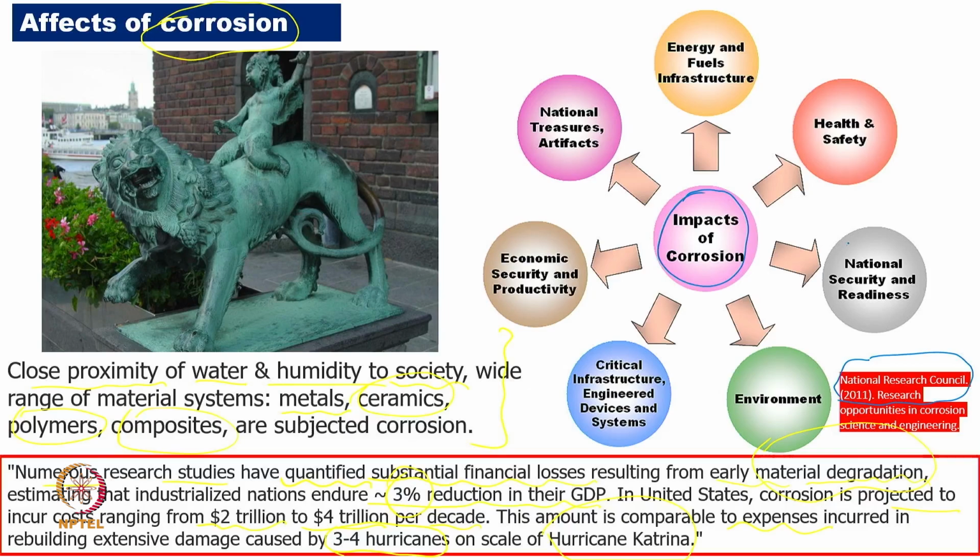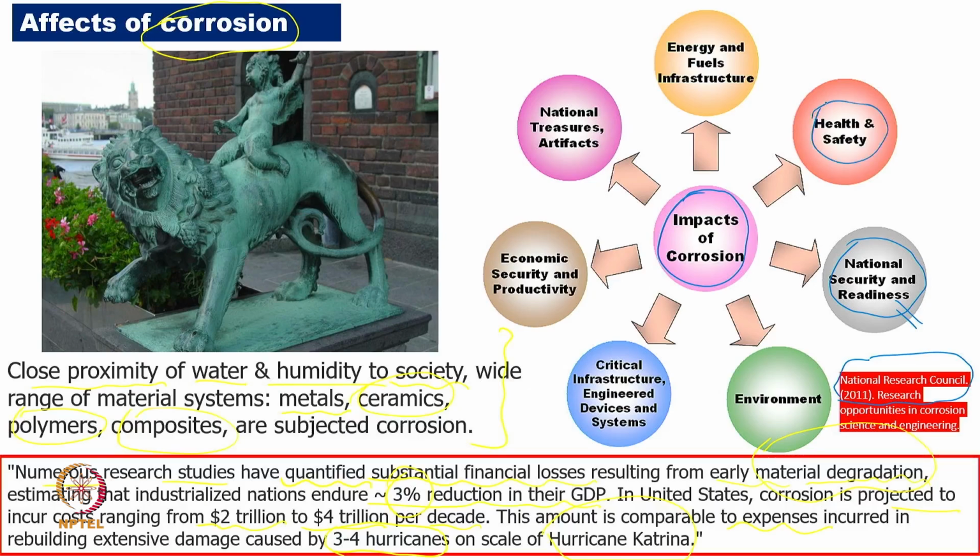They say it also affects national security and readiness. It is something like the army has a number of tanks, or devices to launch bombs. But if those get corroded, what will happen? There will be huge loss, even when you want to operate that machine, it will not get operated. So, this is one of the major issues.